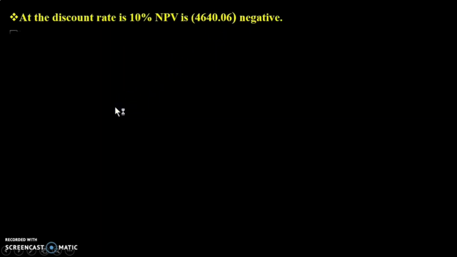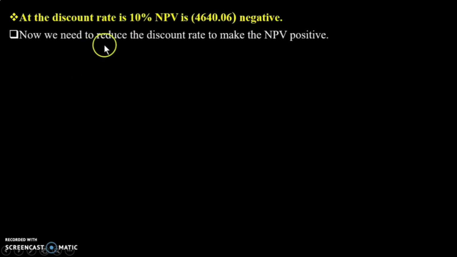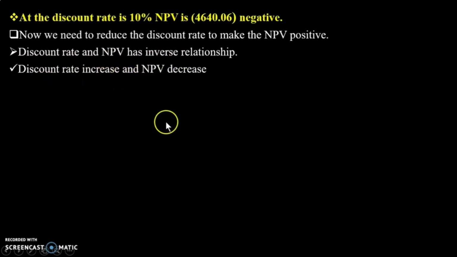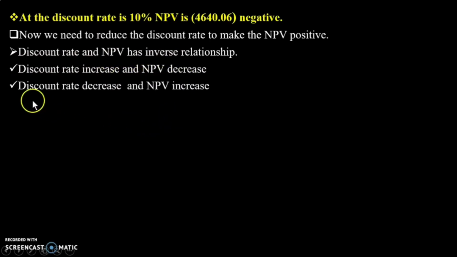4,640.06. Now we need to reduce the discount rate to make the NPV positive, because discount rate and NPV have an inverse relationship. If the discount rate increases, then NPV decreases.